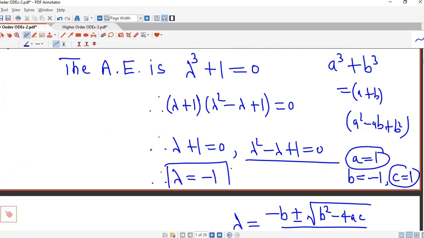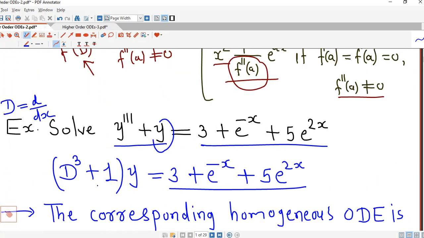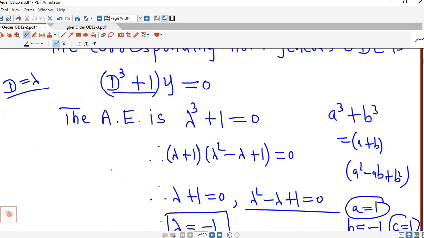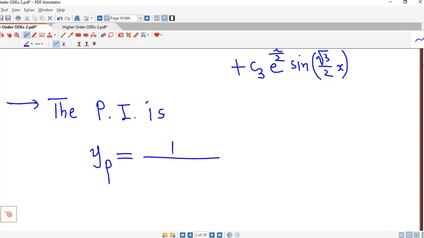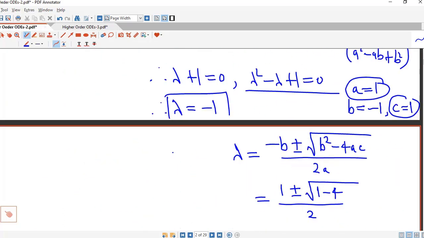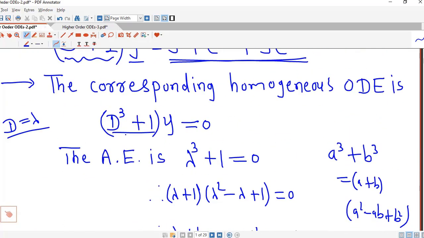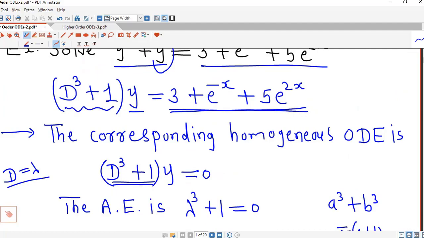Now we find the particular integral. So for the particular integral we will consider y equal to 1 over d cube plus 1 times the right hand side, and that particular integral is denoted by yp. So the particular integral, which we shortly call PI, is y suffix p equal to 1 divided by f of d, that is function of d, which is d cube plus 1.